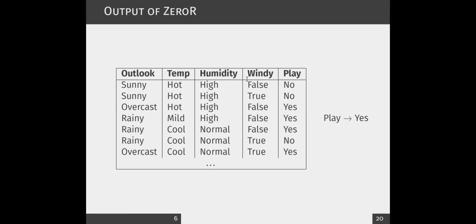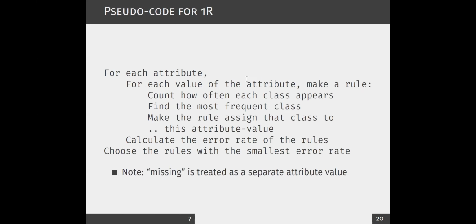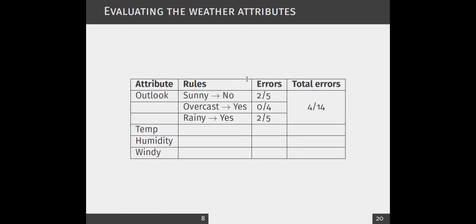So having said that, let's start creating rules. The idea is we will take each attribute one at a time. For example, here is how we take the attribute outlook and calculate the errors.